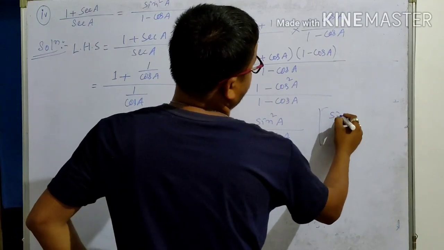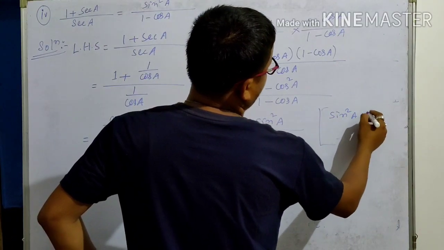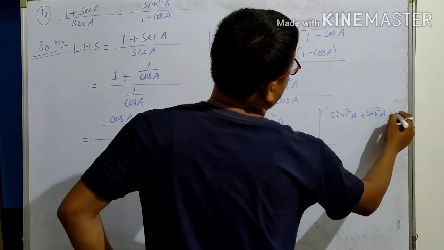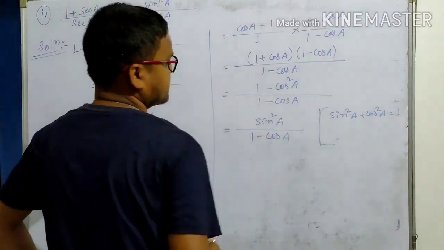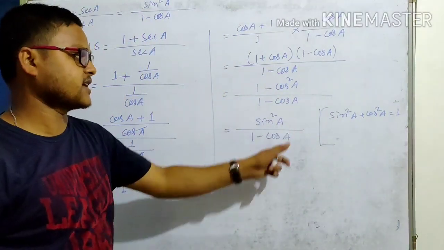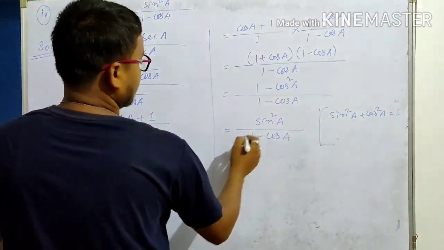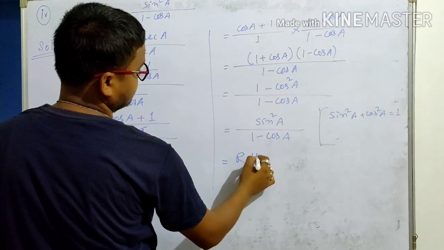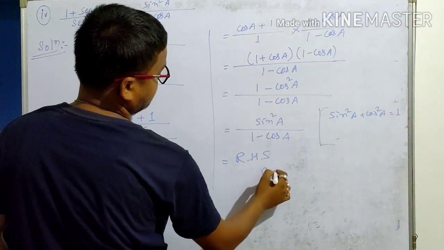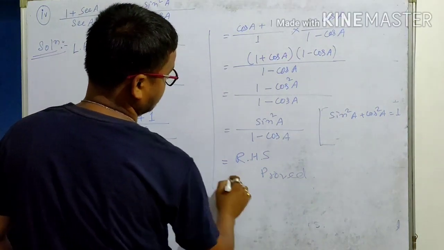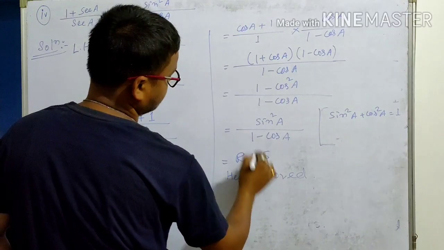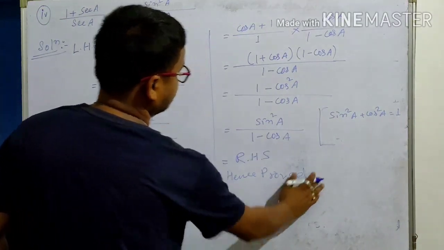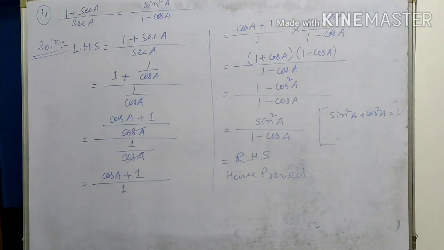So sin squared a plus cos squared a is equal to 1. So here 1 minus cos squared a is equal to sin squared a. So finally this is your right hand side. Hence proof. So very easy.